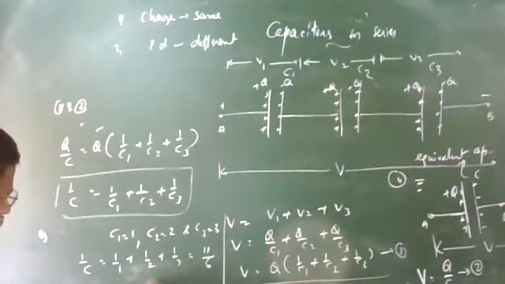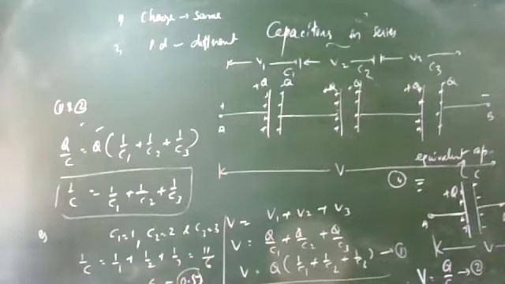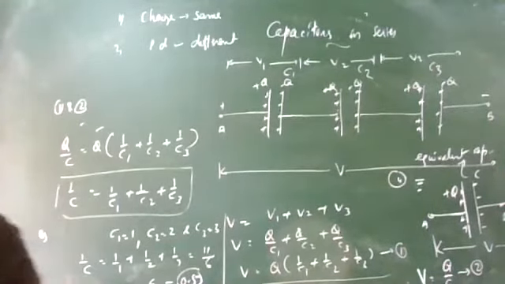That is, C equal to 6 by 11, which is about 0.5. So the capacitance value is very small. The value of capacitance is 0.5, which is smaller than the smallest value.